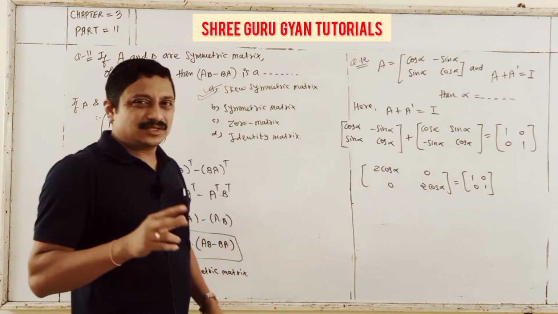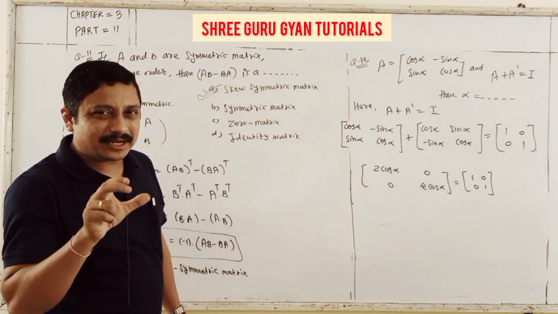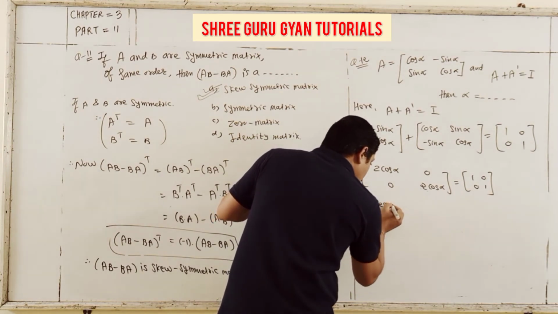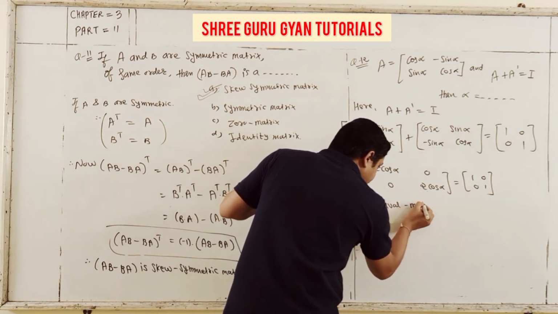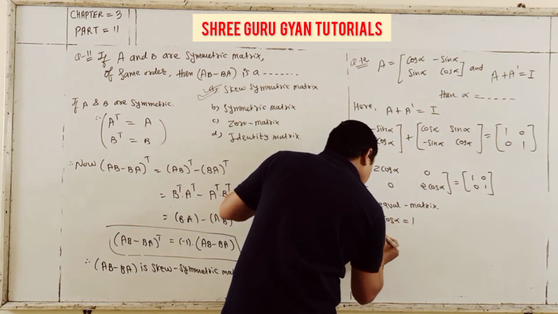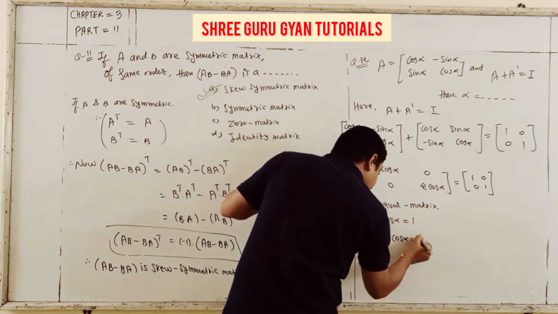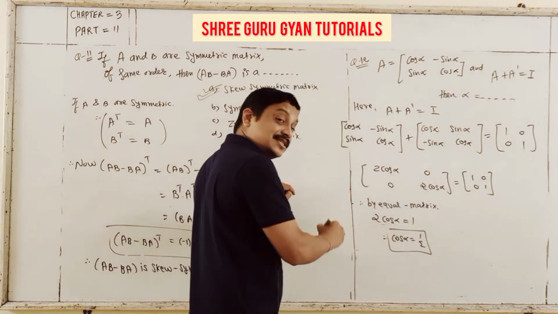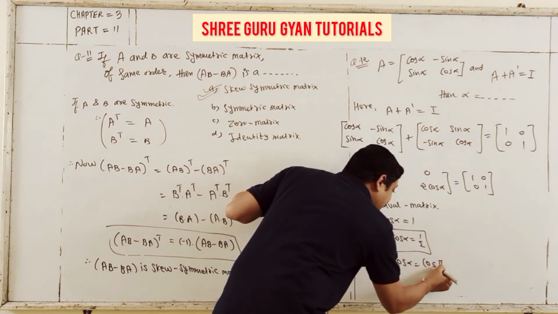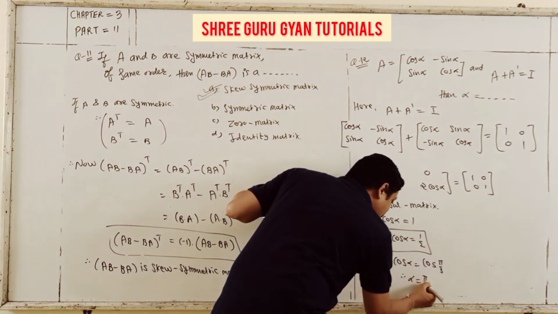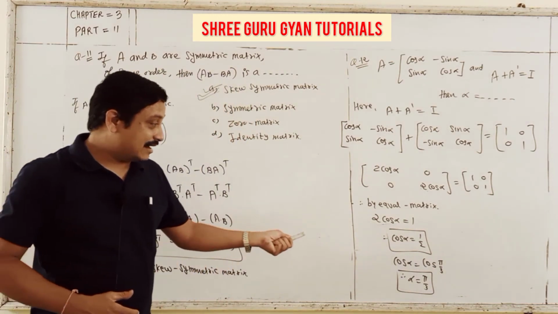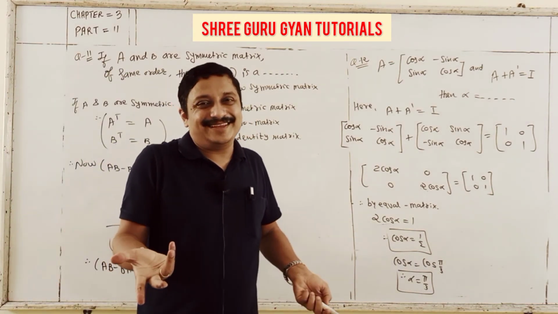It means you will add both data. So just compare both sides, equal matrices. It is 2 cos alpha equals 1, so cos alpha becomes half, and when cos is half, you know that it is cos 60, pi by 3, so alpha becomes pi by 3. So alpha is pi by 3, you just easily find the right option.